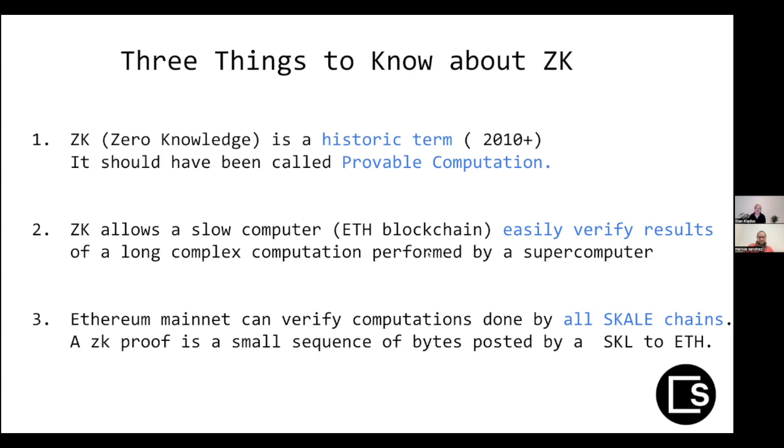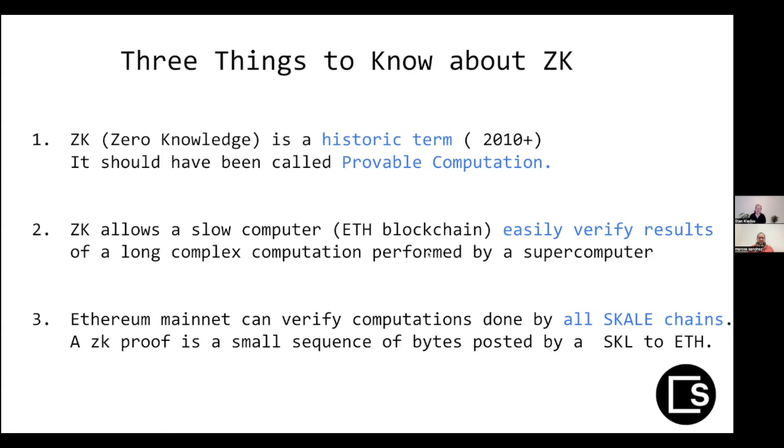Then if later every single node in our network is hacked, no one is able to forge things, because if a wrong thing is presented to Ethereum mainnet, Ethereum will be able to find this out. That's incredibly interesting, and it seems even impossible to do, like magic. I think that's why people think ZK is magic.